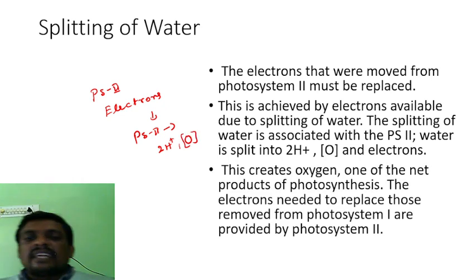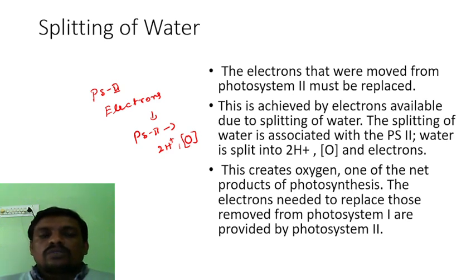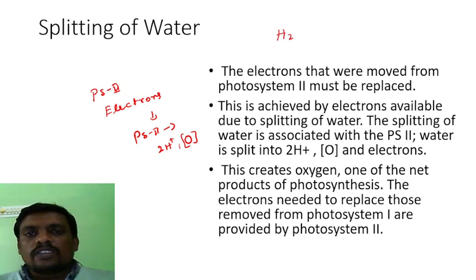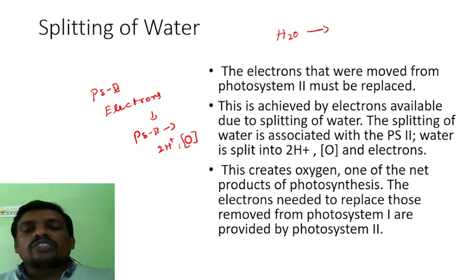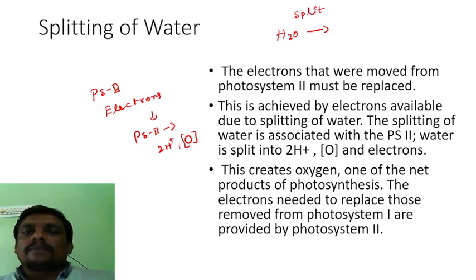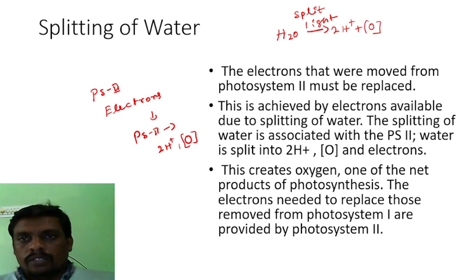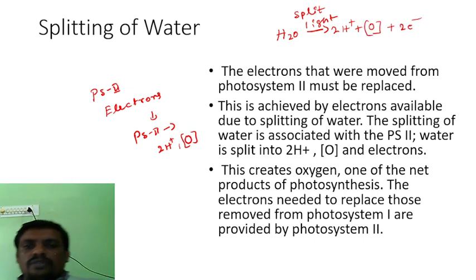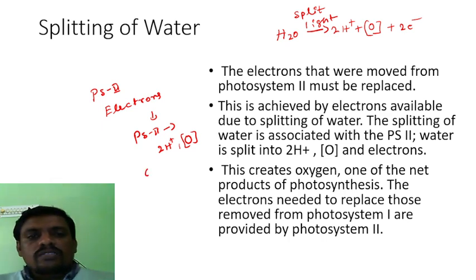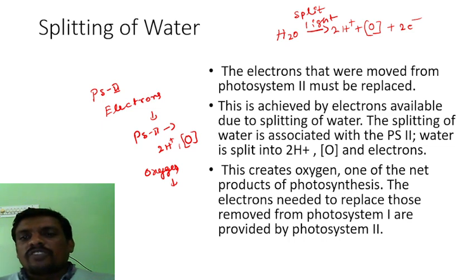Let me show you that equation: H2O undergoes splitting in the presence of sunlight energy, which produces two H plus ions, oxygen, plus two electrons. This creates oxygen, one of the net products of photosynthesis.